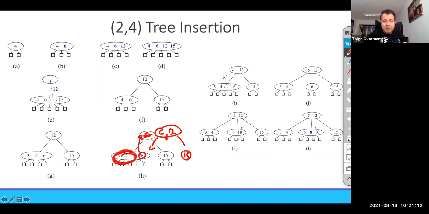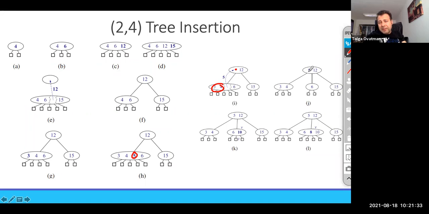So what you can do is keep the nodes as small as possible. Instead of moving the 6 towards the root, you can move the 5 towards the root, like this. And then, of course, you need to split your root because 5 is going up. Then you have the larger nodes and the smaller nodes.